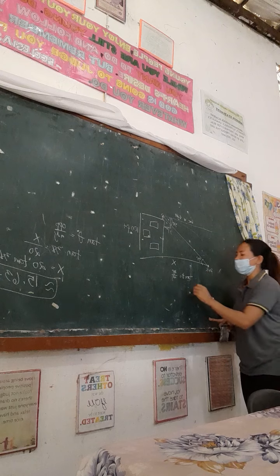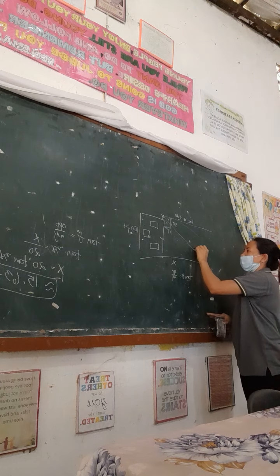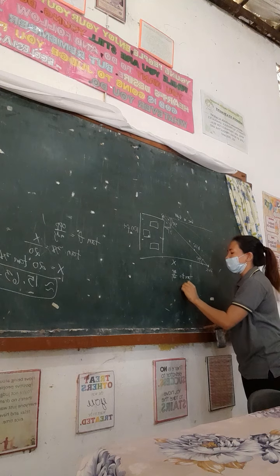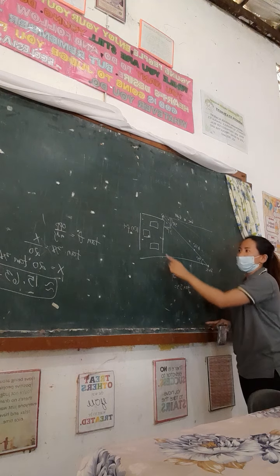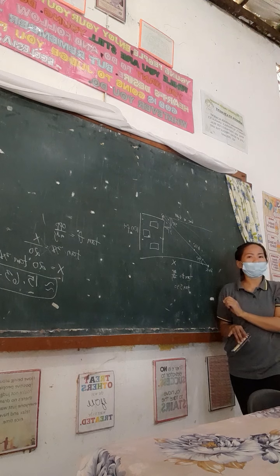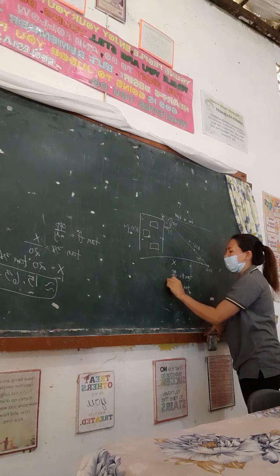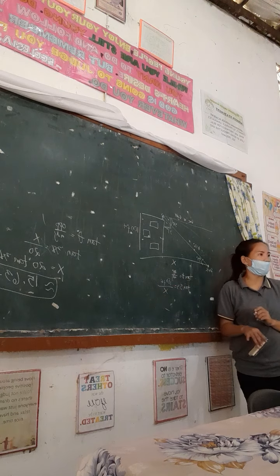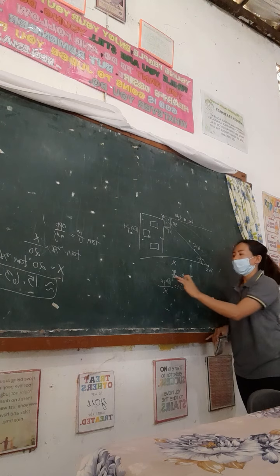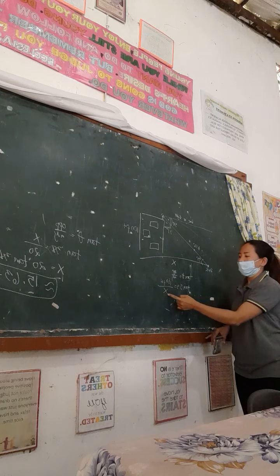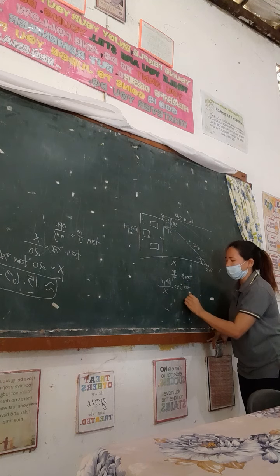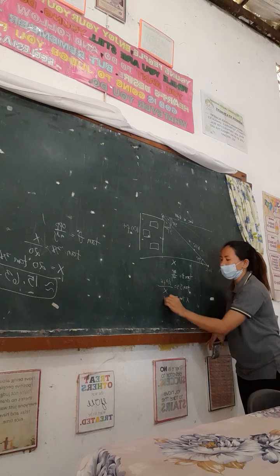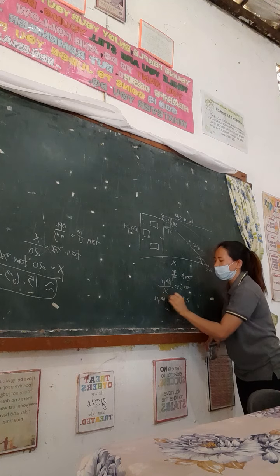Our theta is 53 degrees, so tangent 53 is equal to opposite, which is 100 feet, divided by our missing side, which is x. Now, to solve, cross multiply, so we have x tangent 53 is equal to 100 feet.